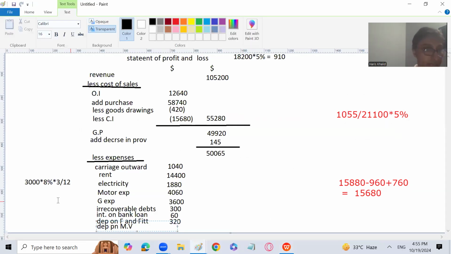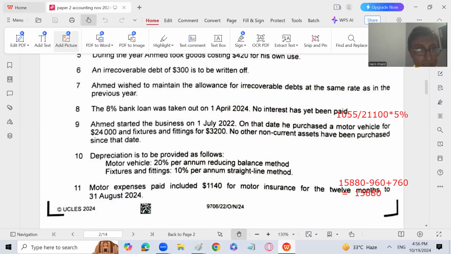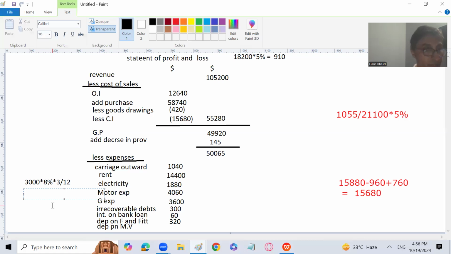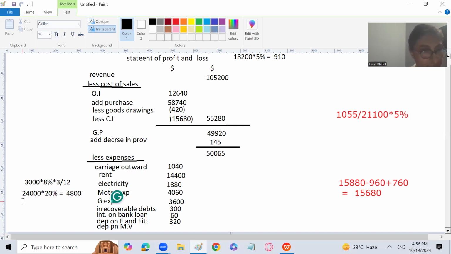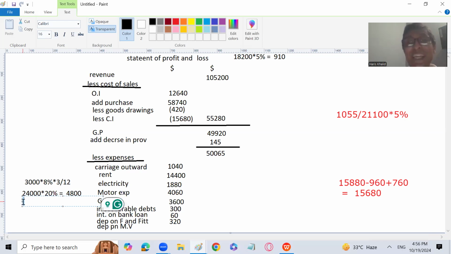So how we are going to calculate it? Let me see what is the percentage for motor vehicle, that is 20%. So 24,000 multiplied by 20%, that will become 4,800. This is the depreciation for 2022 to 2023. Now I have to calculate depreciation from 23 to 24.